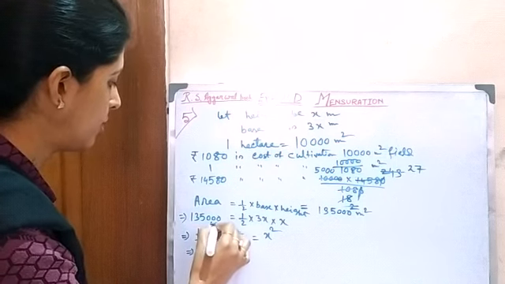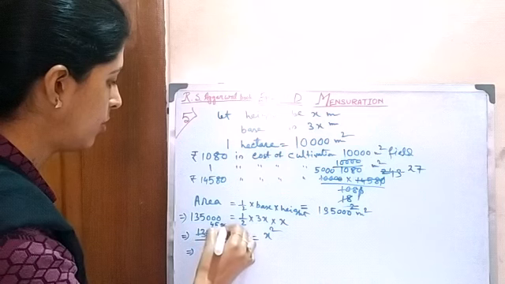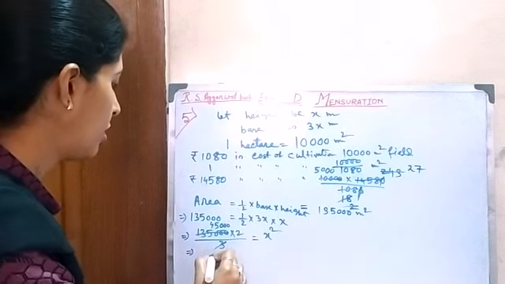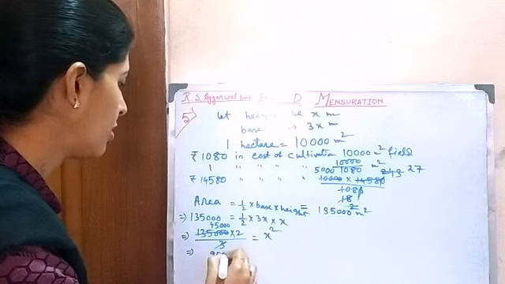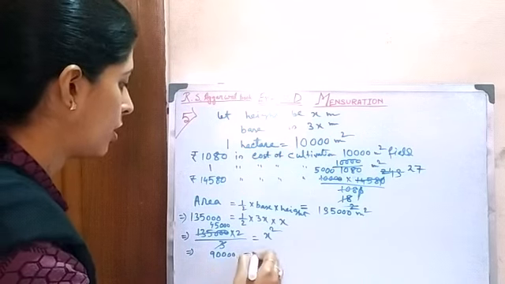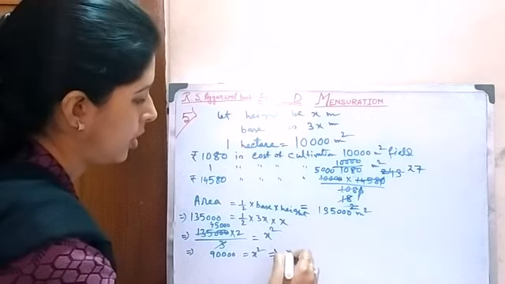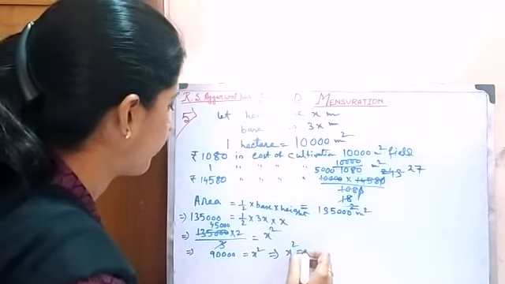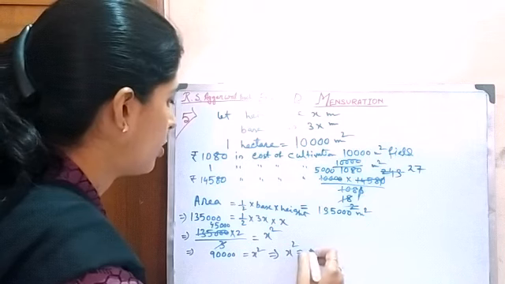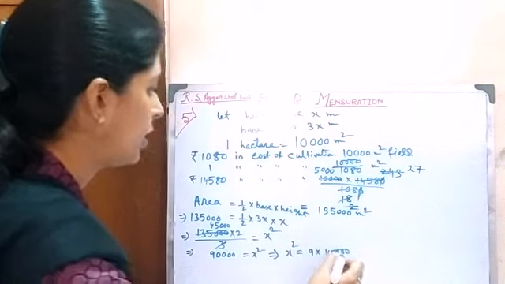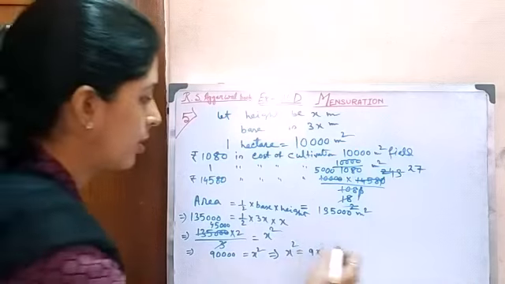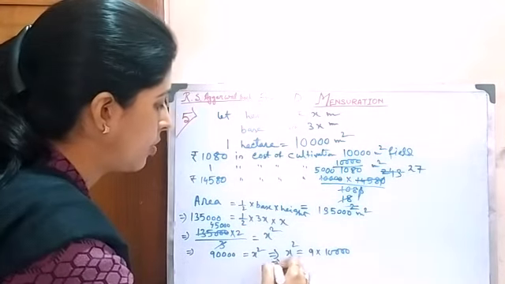Then x square equals 9 into 10,000, we can write, then it will be easier to do the calculation.